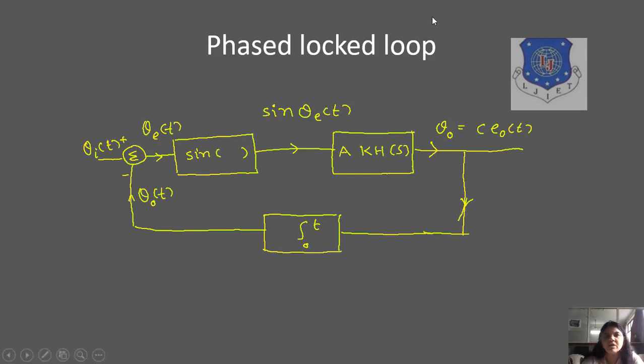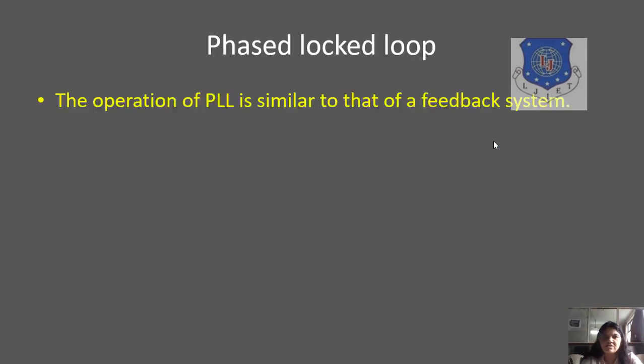So you have only the component sin θe(t), and the output will be generated. This is the impulse response of the low pass filter. The output is θ0(t) = C e0(t), where C is a constant.